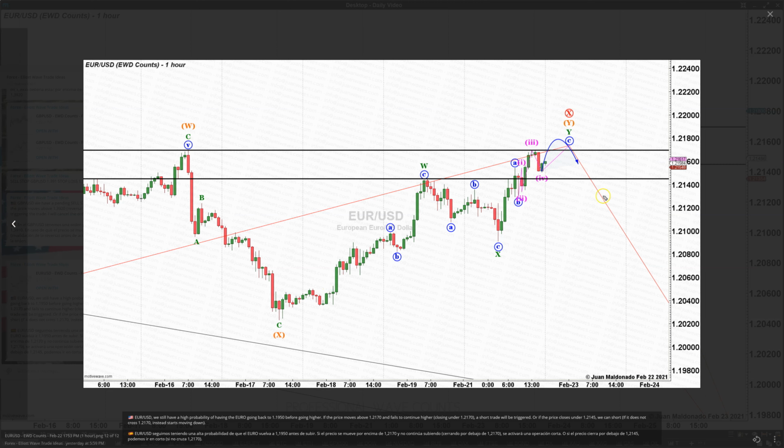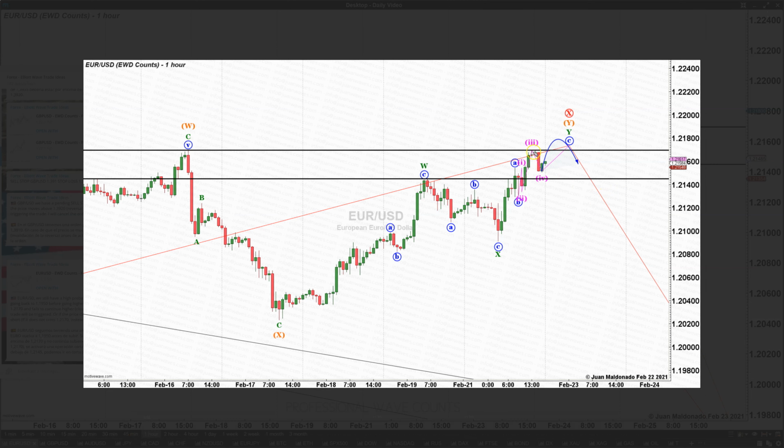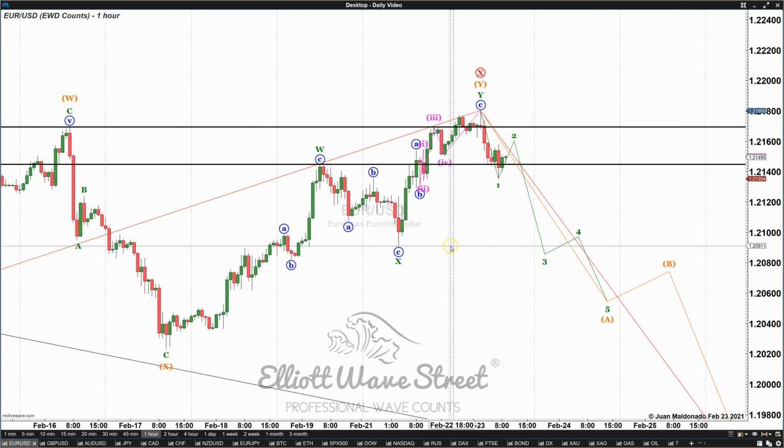So look, this was the plan yesterday, to have a hard high, a reversal, and here was the first selling point on the euro. The price moves higher, fails. That's important because here it could continue higher, but the failure is really important. You see the price goes outside and then returns.